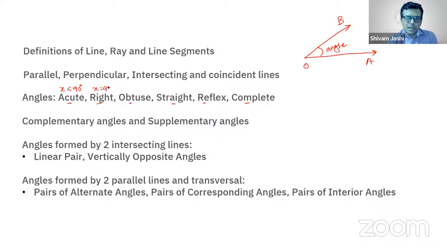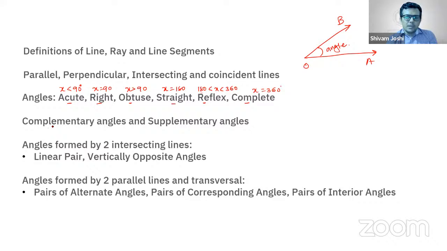This is exactly equal to 90. This is greater than 90. This is equal to 180. This is more than 180 but less than 360, and this is equal to 360. This is how the classification of angles looks.